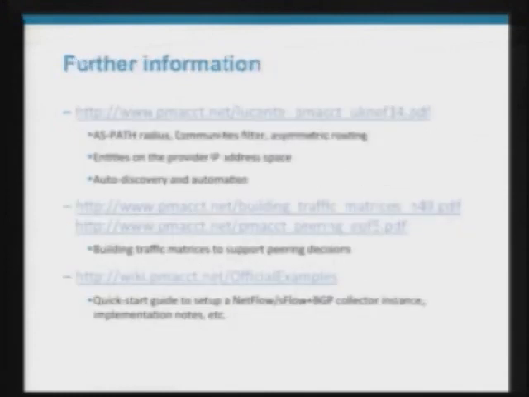And because time is never enough, I had to skim through a number of topics which are very interesting, for example auto-discovery and automation, because as Arman was also saying, without auto-discovery and automation, you don't go anywhere. And also the entities on the provider IP address space, because we spoke a lot about BGP, but you also lend a lot of your IP addresses to your customers, so what can you do in that case?